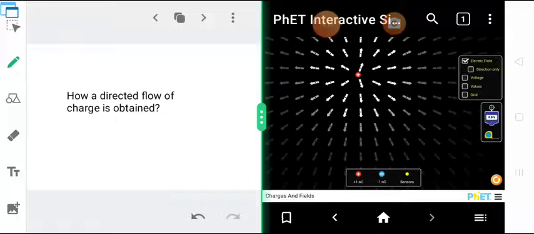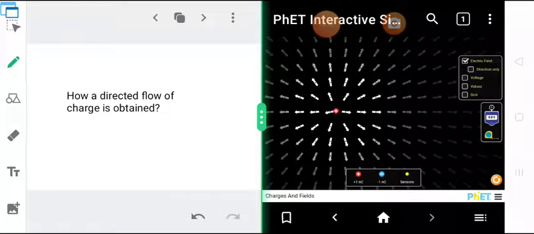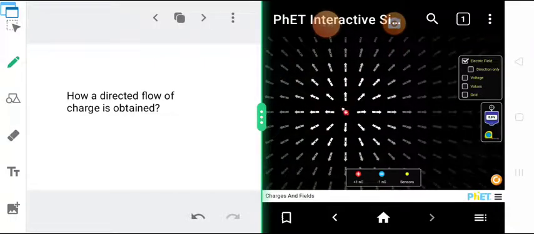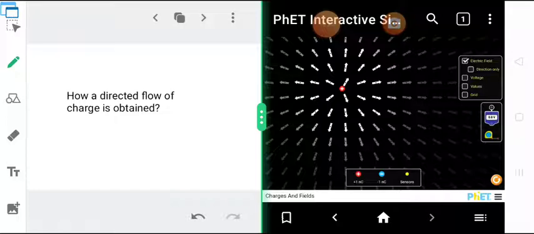Now I am considering a small positively charged particle having a magnitude of 1 nanocoulomb, and you can see how this positively charged particle, when kept in this region, creates a zone of influence. These arrows represent the space in which the force applied by this charge can be felt.